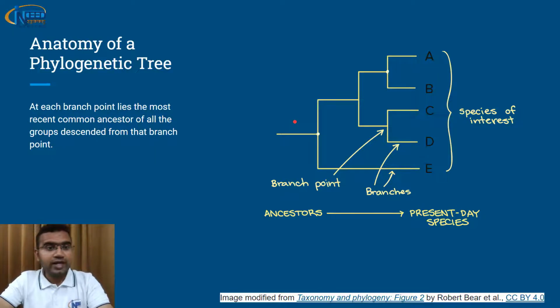At each branch point lies the most recent common ancestor of all the groups descended from that branch. So this is the most recent common ancestor for E and the rest of the species of interest. This one is for C and D and A and B. This one is for C and D. So this is the most recent common ancestor.